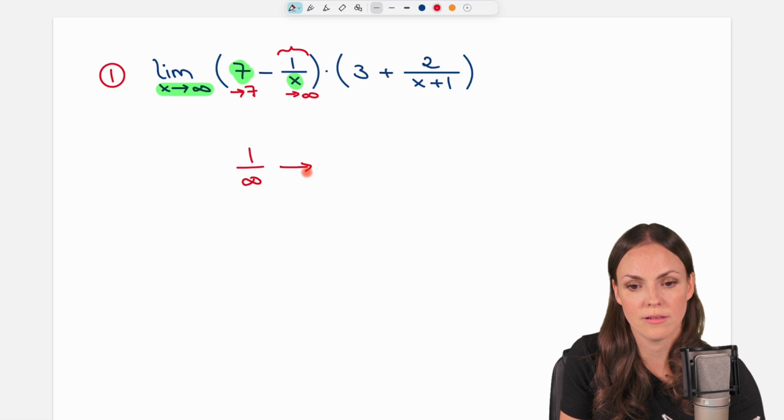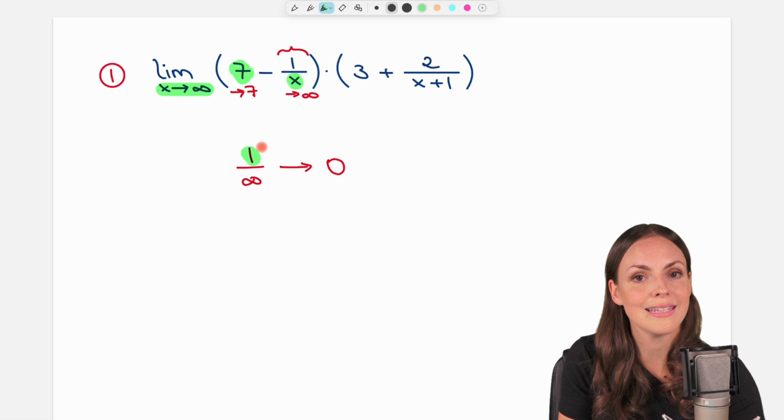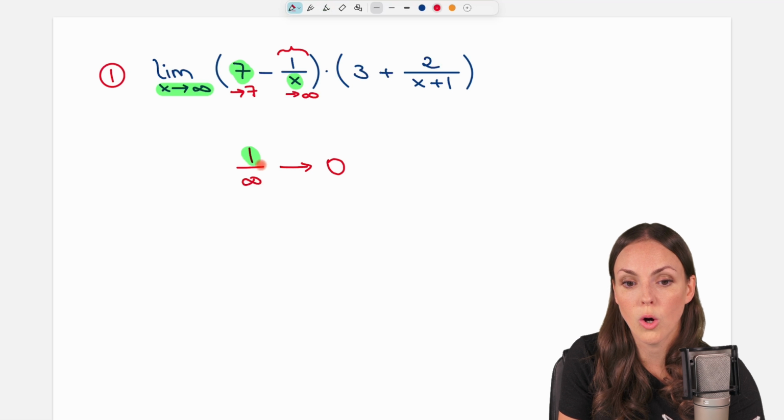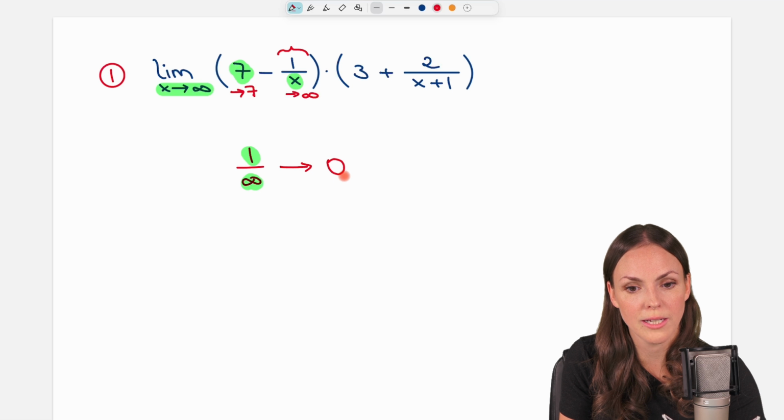This fraction always approaches 0 because the numerator doesn't change at all. It will always stay a 1, and the denominator will get bigger and bigger. So 1 over a huge number will approach 0 eventually.